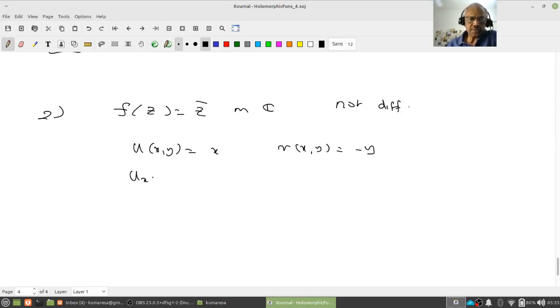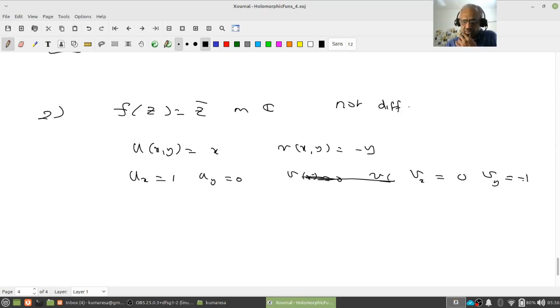Therefore, what is ux? Ux is 1. What is uy? It is 0. What is vx? The partial derivative is 0. What is the partial derivative of v with respect to y? Which is minus 1. So if it is differentiable, the Cauchy-Riemann equation should hold.